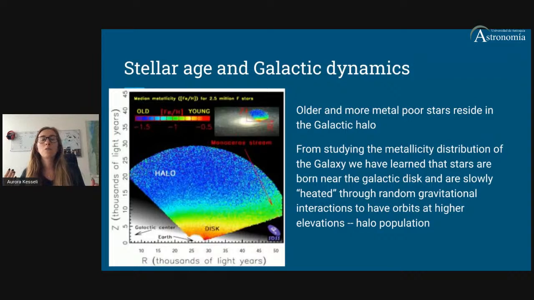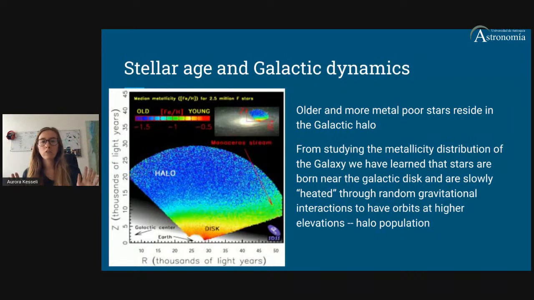And so we can put this information together and create a picture of how stars age in the Milky Way. The general theory is that stars are born near the disk in the center of the galaxy. And then slowly over time, they're heated, which means that they have random gravitational interactions and their orbits become higher and higher.